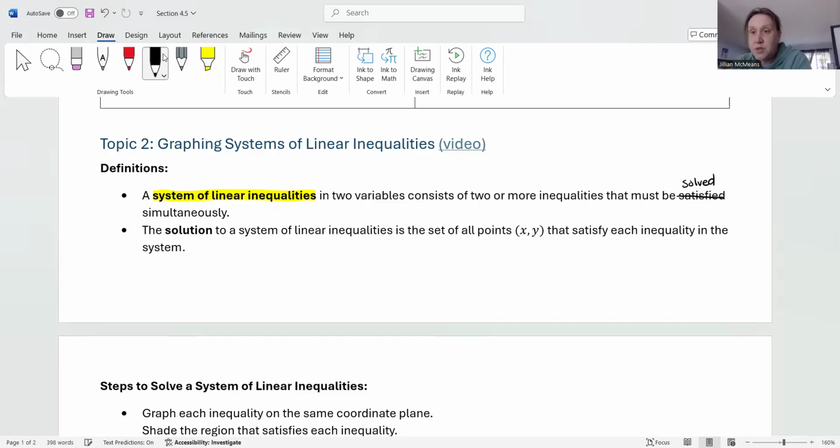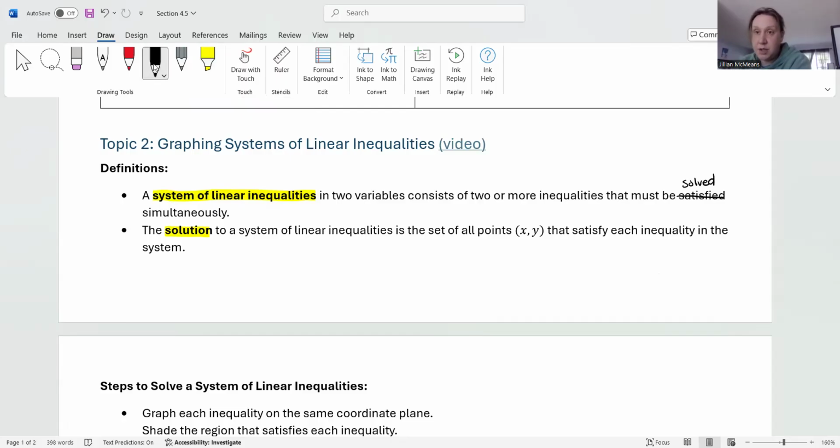Okay? So, what does that mean? What is the solution to a system? Well, we know the solution to a single linear inequality in two variables is the points on the line or not, again, depending on the inequality symbol, and then it's one of the two half planes. When you're dealing with the solution to a system of linear inequalities, it's still just the set of all ordered pairs x, y that satisfy the inequalities, but what does that mean? Well, it's the area where the two shaded regions overlap.